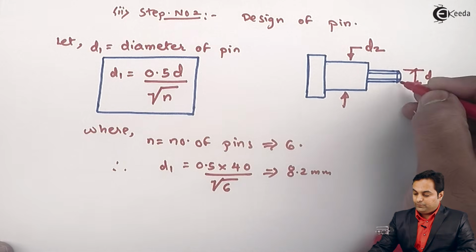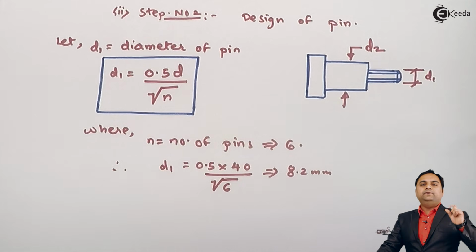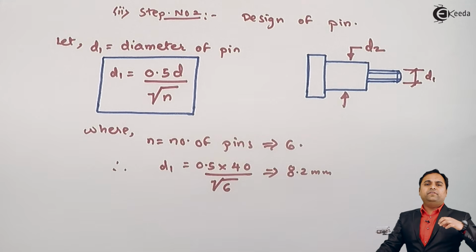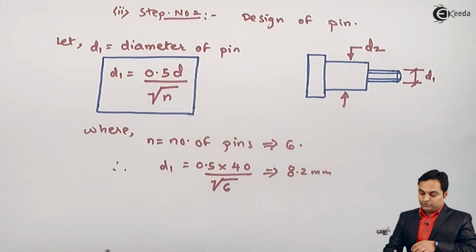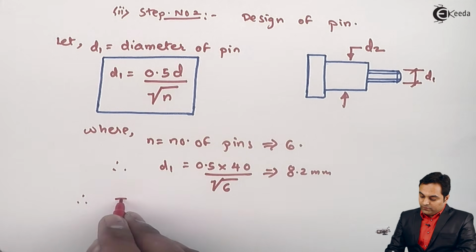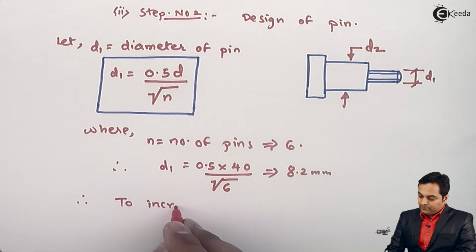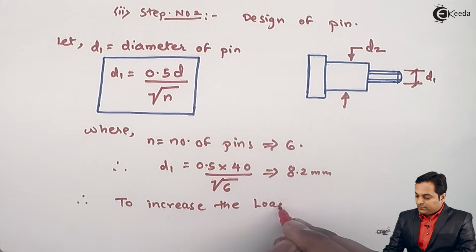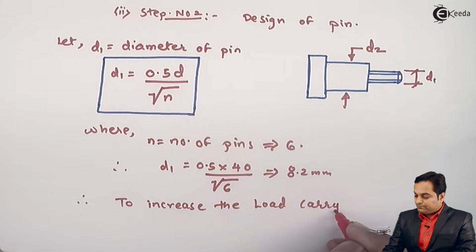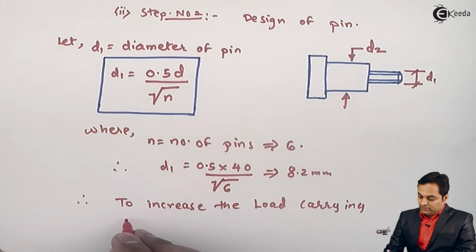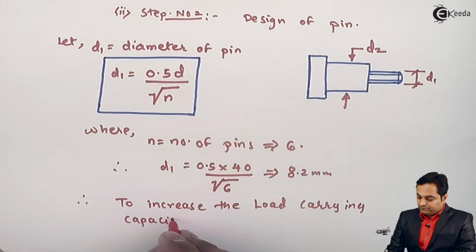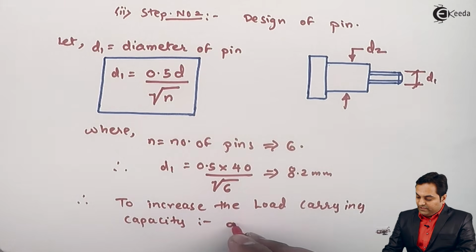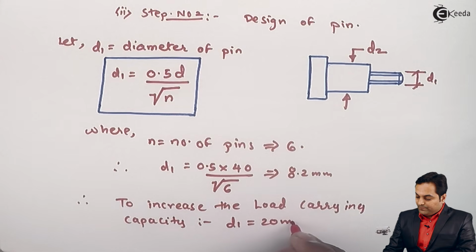Now this 8.2 mm is a very small diameter, and if we are using such a small diameter on one side, it may result in bending or even twisting failure of this small section. So therefore, to increase the load carrying capacity, D1 is equal to 20 mm.